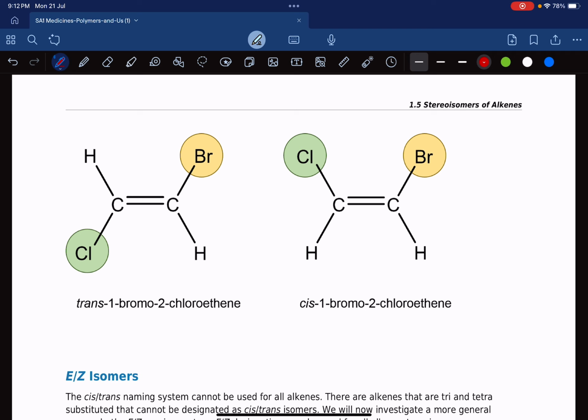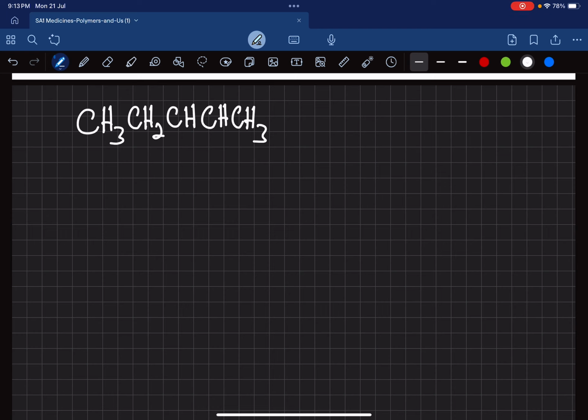Okay, so I'm going to try to give you an example. Let's say we have a hydrocarbon, something like this: CH3, CH, CH, CH2, CH3. Or if I draw this out for you, it looks something like this.